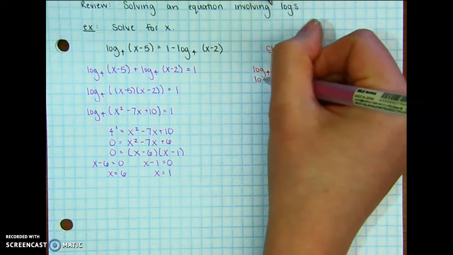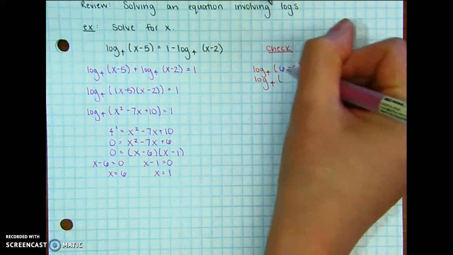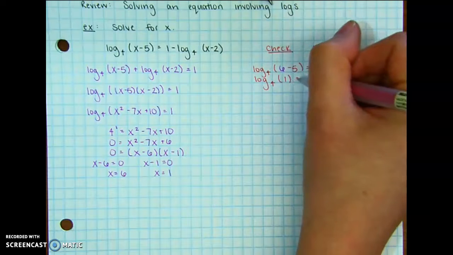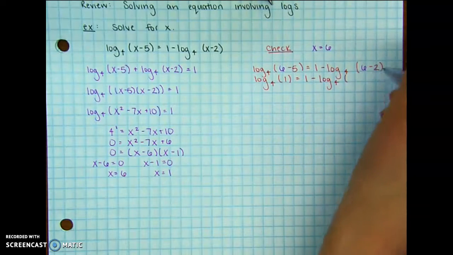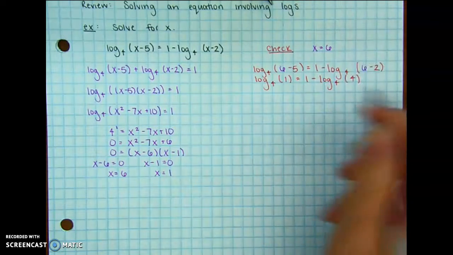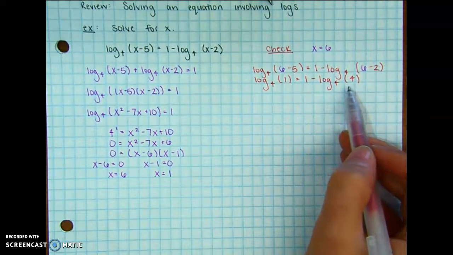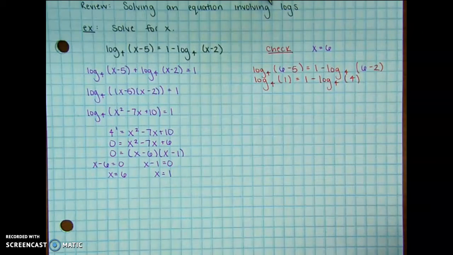And when I simplify, we get log base 4 of 6 minus 5, which is 1, and 1 minus log base 4 of 6 minus 2, which is 4. And because these are positive, we know that this is possible.